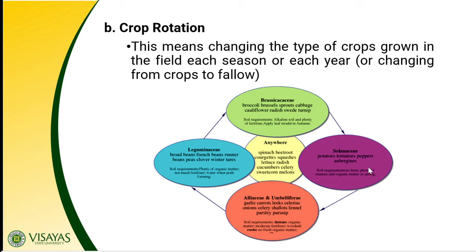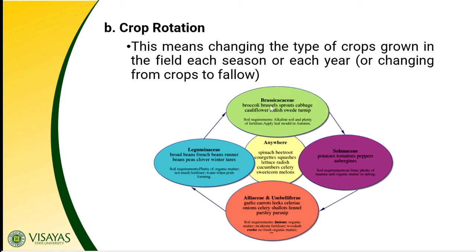And after this Solanaceae family, we can plant in succession the Alliaceae and Umbelliferae vegetables or crops, just like the garlic, carrots, leeks, onion, celery, and others.